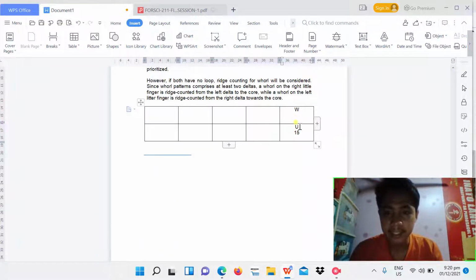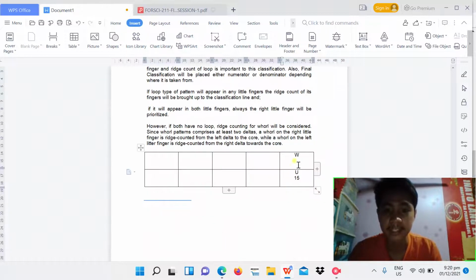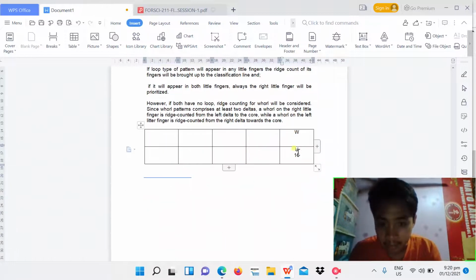For example, if finger number 5 is a whirl type and finger number 10 is an ulnar loop, you will prioritize the loop type of pattern, because only the loop type of pattern is concerned in this classification.